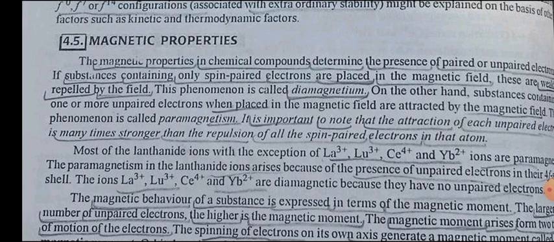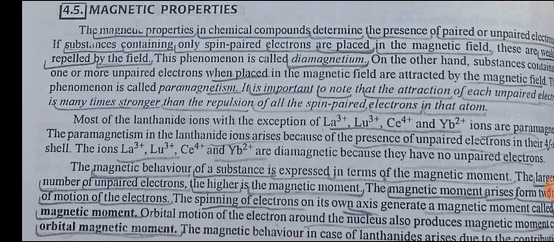On the other hand, substances containing one or more unpaired electrons when placed in a magnetic field are attracted by the magnetic field. This phenomenon is called paramagnetism. It is important to note that the attraction of each unpaired electron is many times stronger than the repulsion of all the spin paired electrons in that atom.